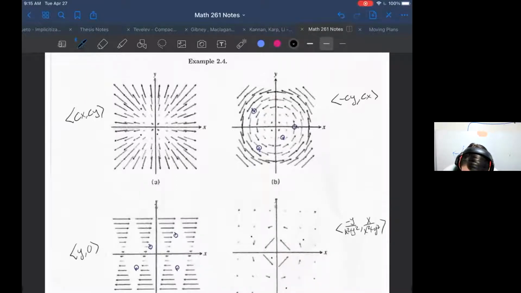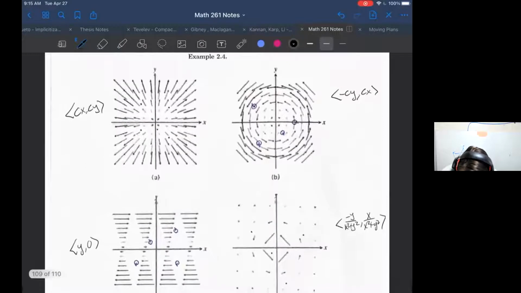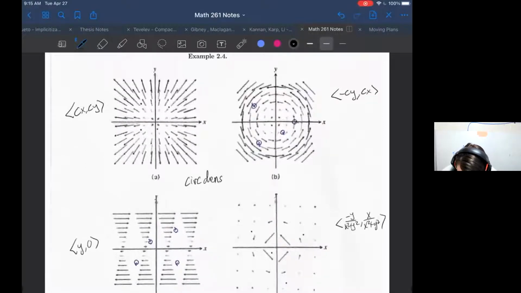So we'll write them up there. In circulation density, the kth component of curl, if we remember, should have been del n del x minus del m del y.